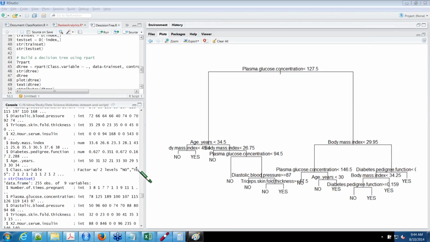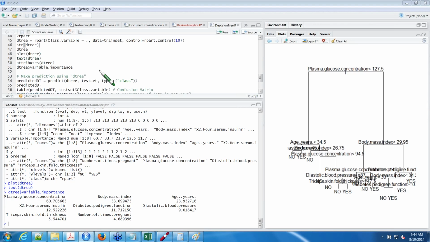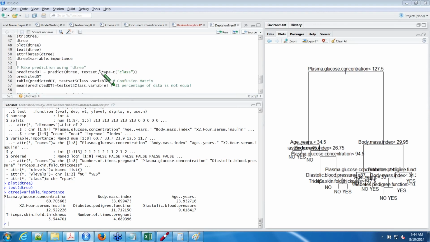Plasma glucose has the highest variable importance, so that is the reason it starts splitting by plasma glucose. Clear? So now I want to predict for the testing data set. Yes, it's the variable importance, the information gain value only.